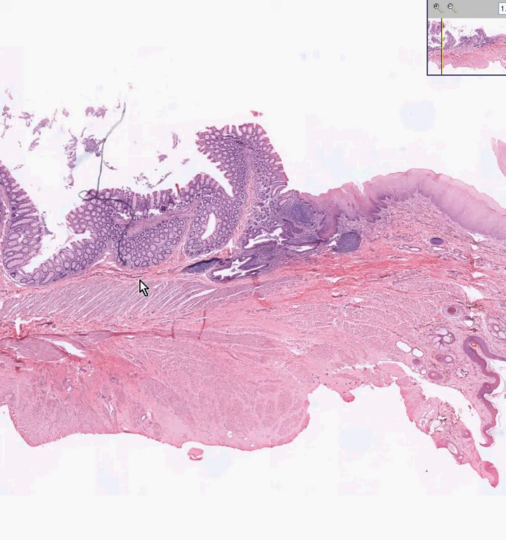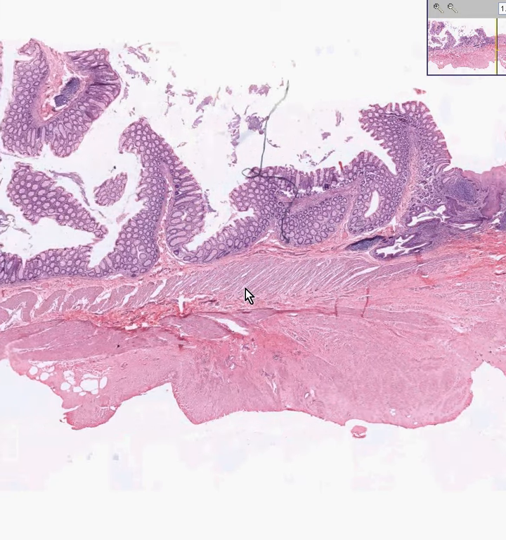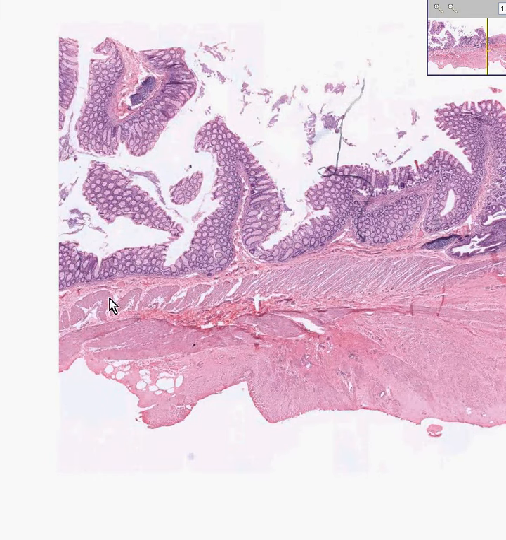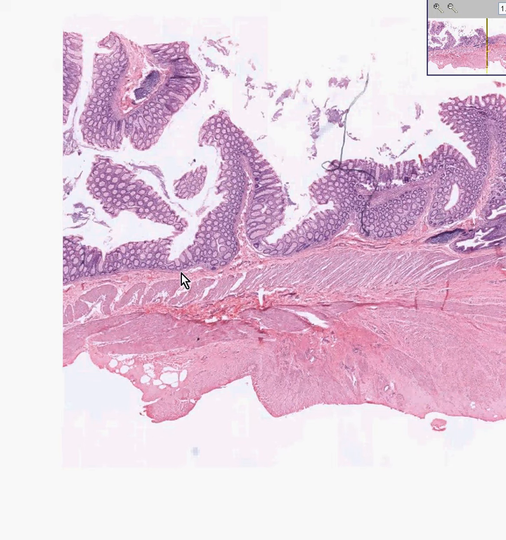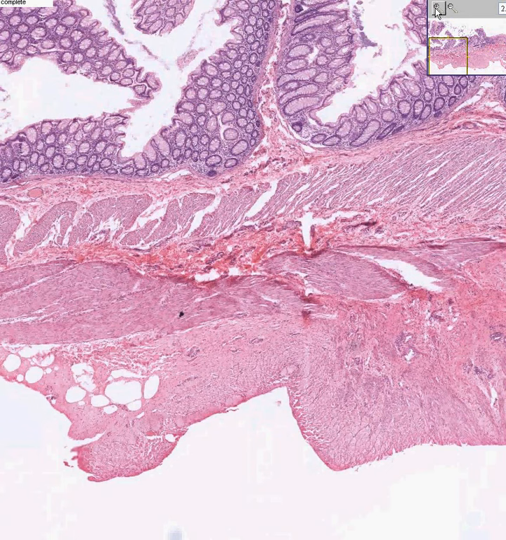Here is a rectum and an anus. Notice that in the lower part of the rectum here, you normally see an inner circular muscle layer as well as an outer longitudinal smooth muscle layer. You can verify this by the fact that you can see a mucosa here, a richly vascular submucosa here, and then your muscle layers.